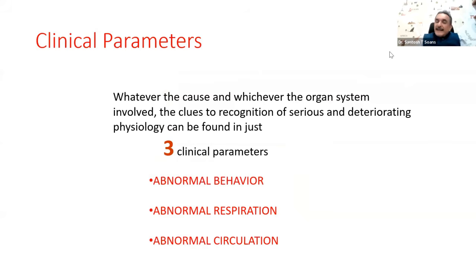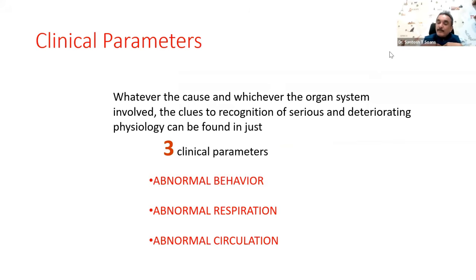So basically, any sick child, whether pediatric or adult, whatever the cause, whatever the organ system involved, the clues to the recognition of a serious and deteriorating physiology are just three things. If they have anything to do with the CNS, what is the symptom or sign? They will have abnormal behavior.